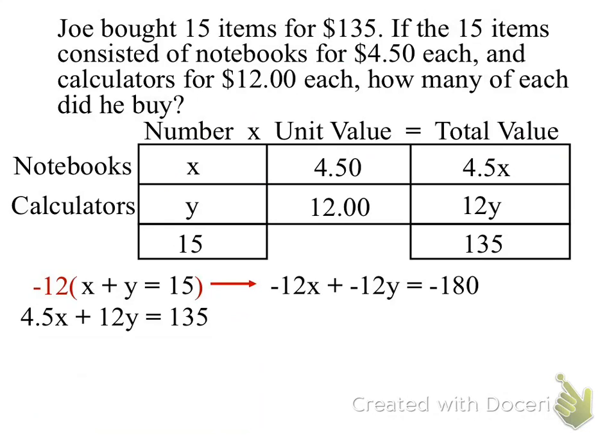I don't personally subscribe to this double sign stuff. I would get rid of that and just make it a negative. And then I'm going to write 4 and 5/10 x, line it up, and we're going to add going up and down. So here, am I adding or subtracting when I do negative 12 and 4 and 5/10 x?